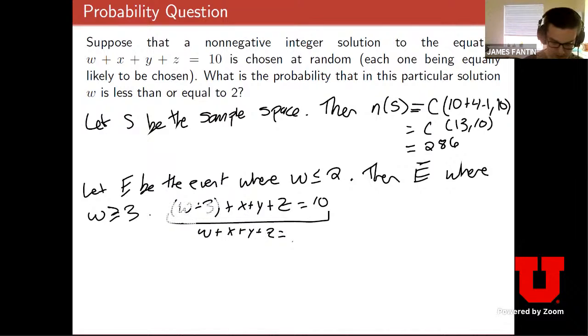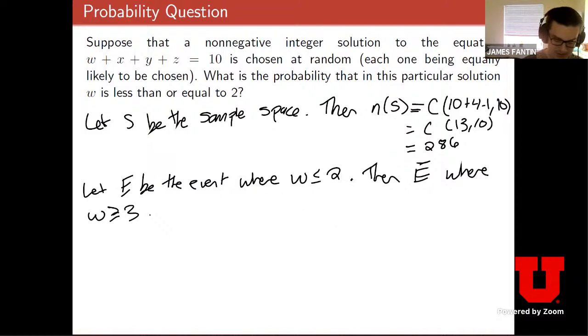Nope, scratch that. I was about to explain that completely incorrectly. The basic idea is if W is at least 3, you can subtract 3 from both sides, and then just find the non-negative integer solutions, where let's call this W prime plus X plus Y plus Z is equal to 7, where W is equal to W prime plus 3.